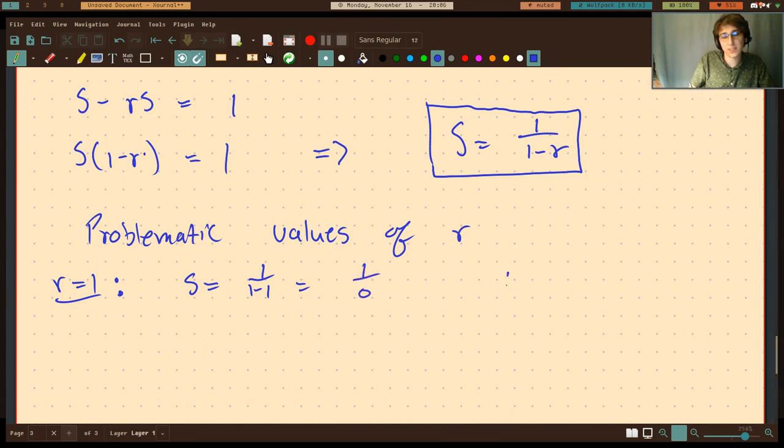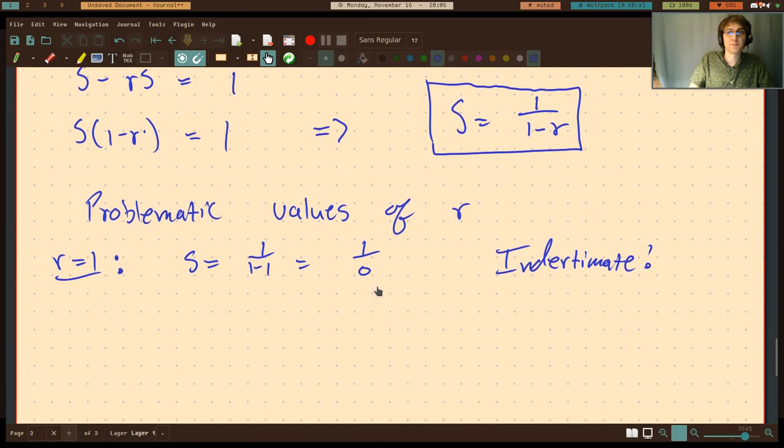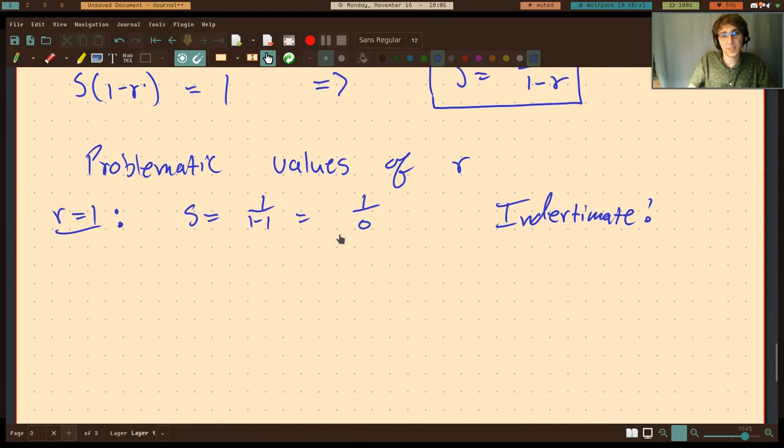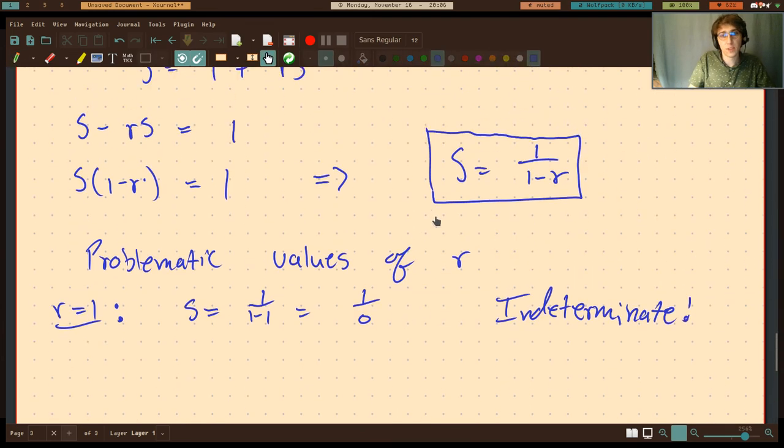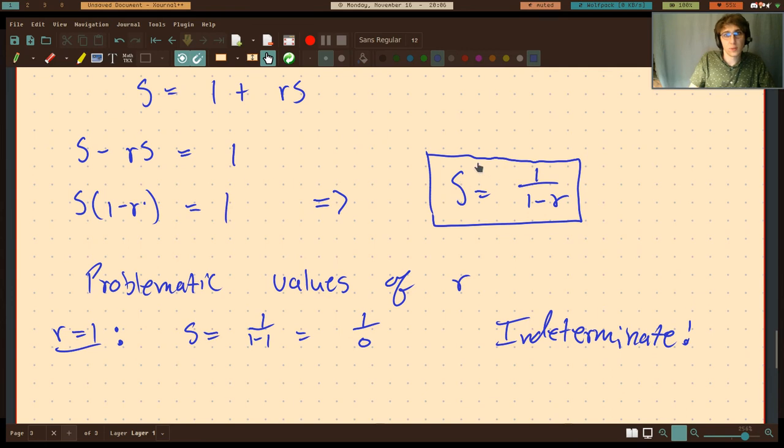Oh no, that's indeterminate. That is a big no-no. You never like to see division by 0. Oh, I spelled indeterminate wrong. Our formula doesn't work, in other words, for r equals 1.